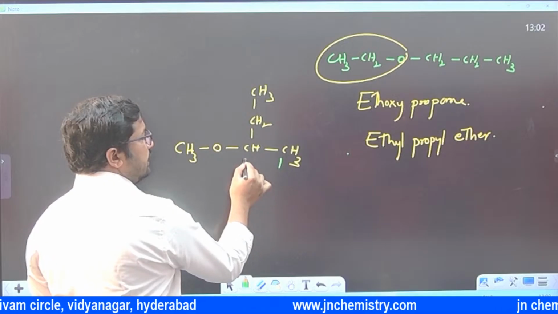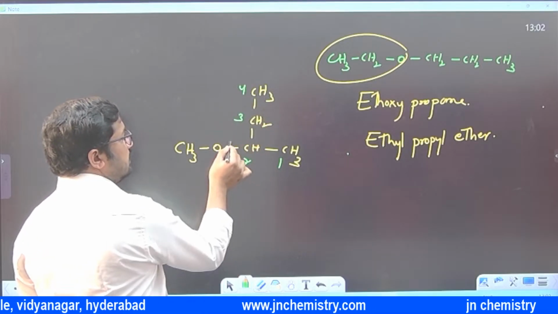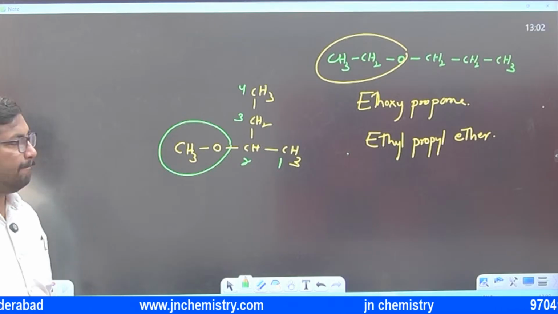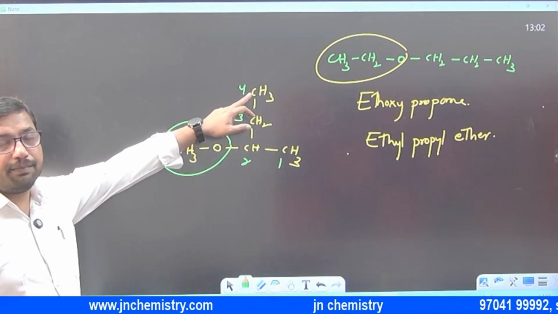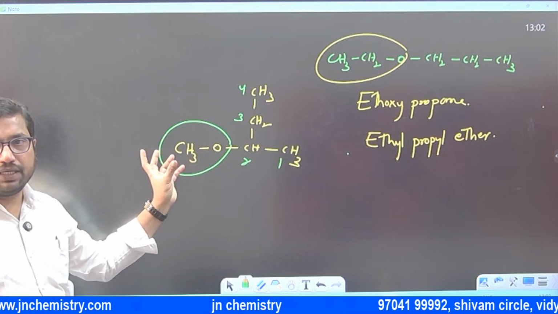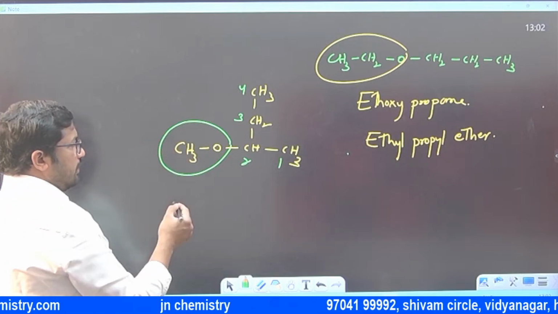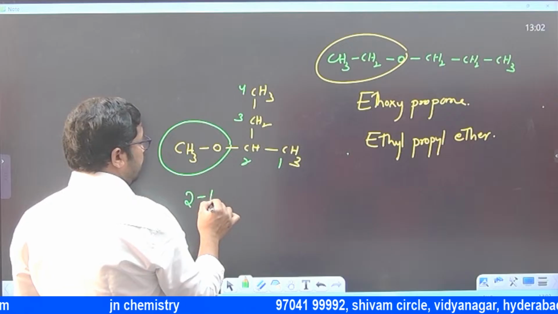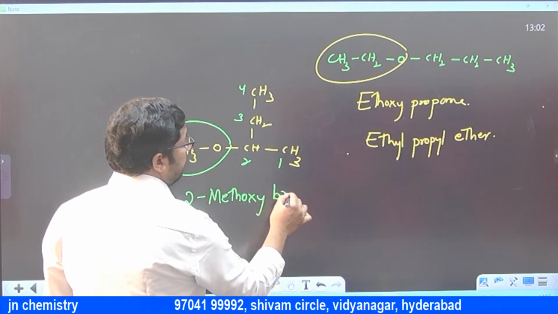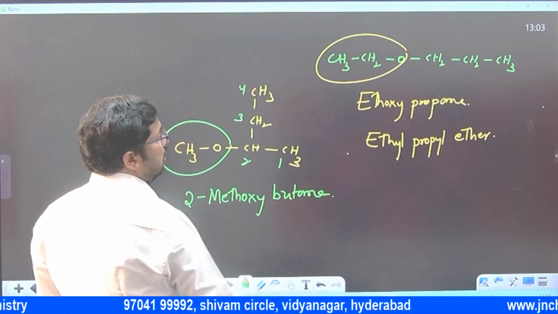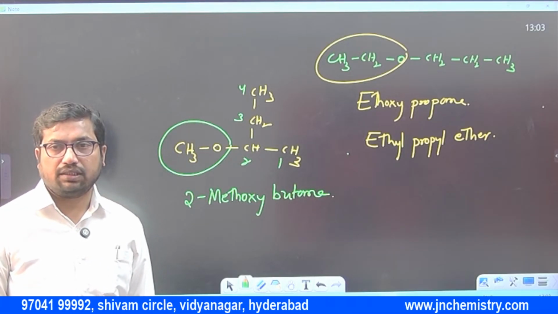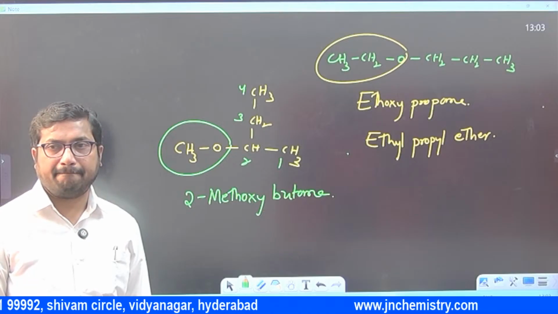So we need to go with 1, 2, 3, 4 because this is 2-methoxybutane. If we are starting the numbering from above, 1, 2, 3, 1, 2. So least numbering we need to take, right? Least substituent locant. So 2-methoxybutane. Done?